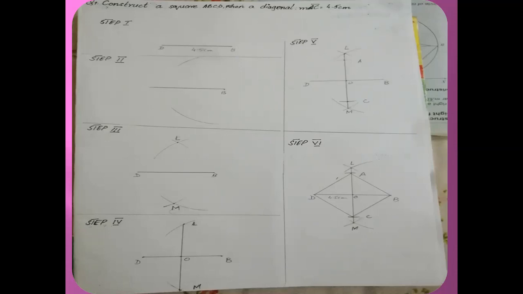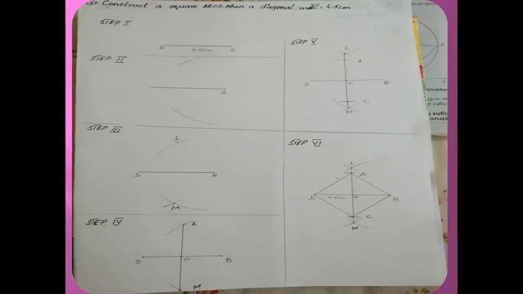Then open your compass more than half of this line, because we are drawing the bisector. And you know that for the bisector, we open the compass more than half of the given line. What will be half of 4.5?